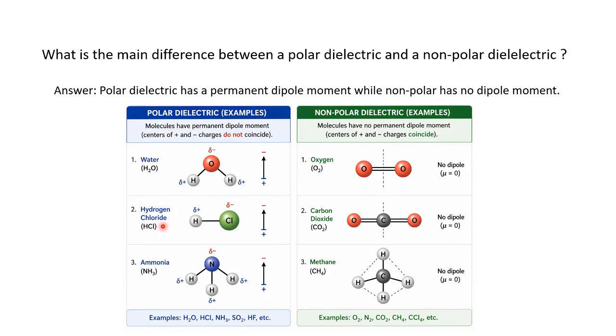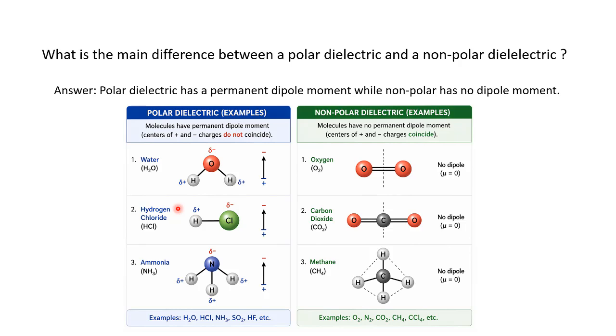In polar molecules such as water or hydrogen chloride, the charge distribution is naturally asymmetric, giving rise to a permanent dipole moment even in the absence of an external field. In contrast, nonpolar molecules such as oxygen, nitrogen, methane, and carbon dioxide have symmetrical charge distribution.